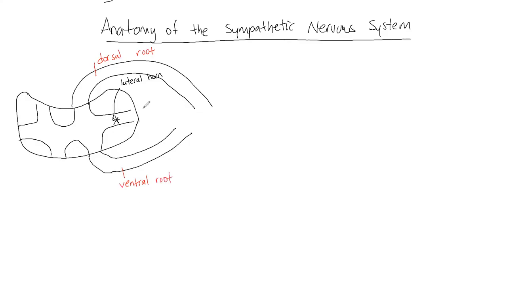Okay. And just to make a connection here, this is the space, the intervertebral foramen. If you remember that space in between the vertebra that we looked at in the anatomy labs, this is where these spinal roots are exiting and emerging to join the spinal nerve, okay?